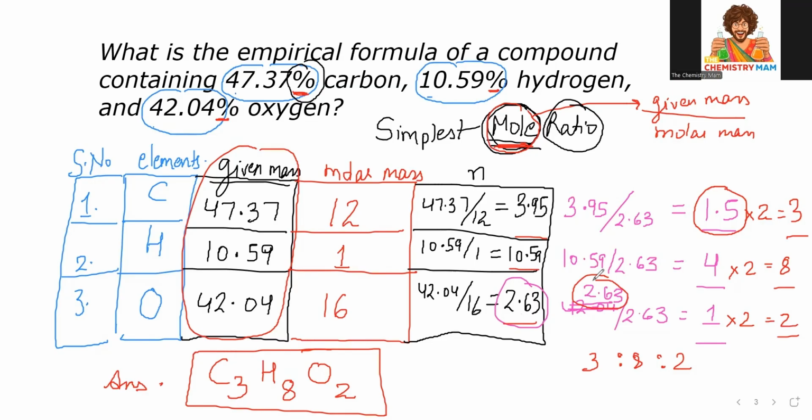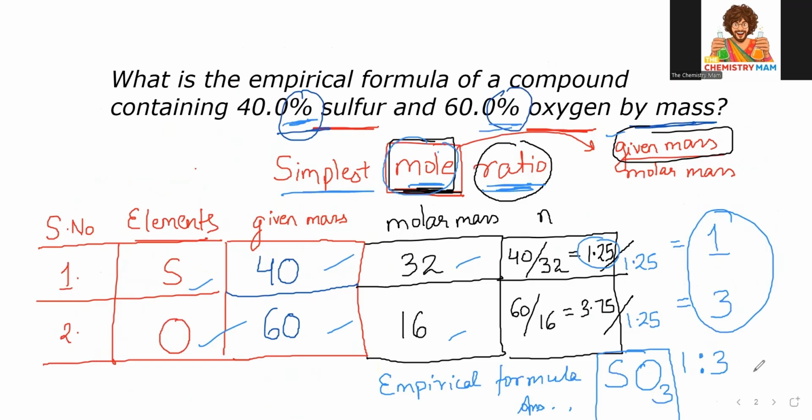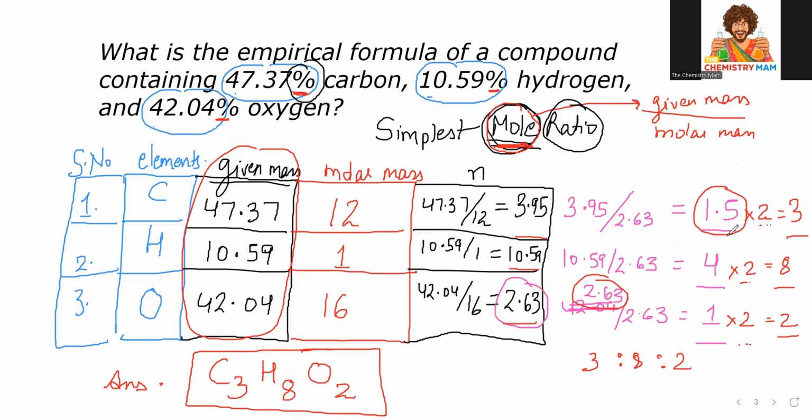Then you will get the simplest whole number ratio. If you're not getting a whole number, try to make it a whole number by multiplying by a certain factor. But last thing, if it is a decimal number coming out like 1.1, then you can round it off as 1. Not a problem. But generally, you directly get a whole number, like you were getting in the previous question, the ratio 1 is to 3. If you're getting something in a 0.5 order, then you can multiply with any number to make it a whole number.